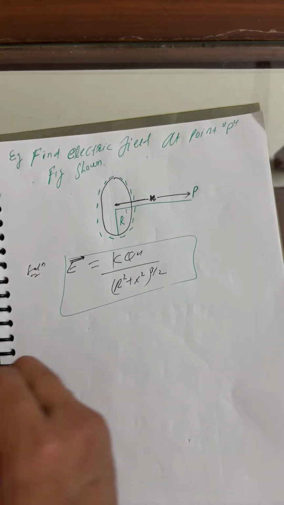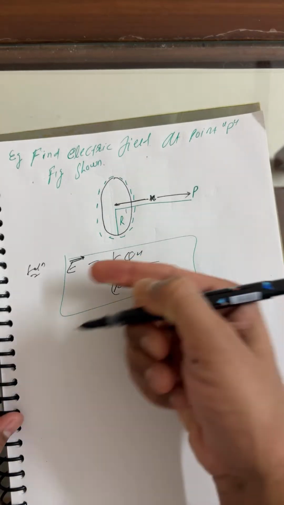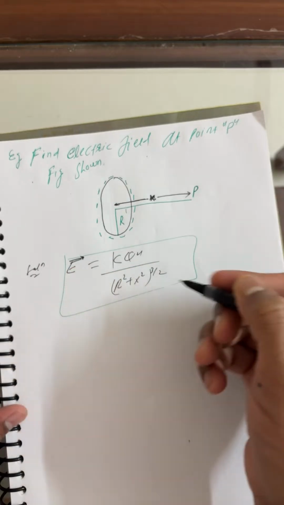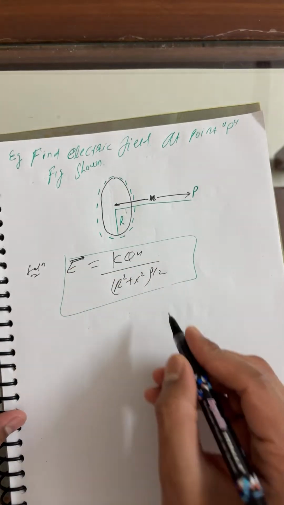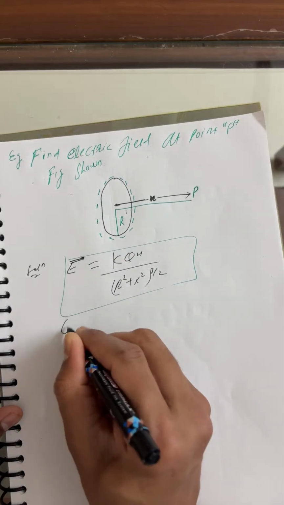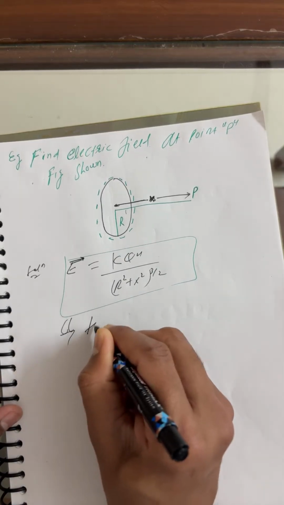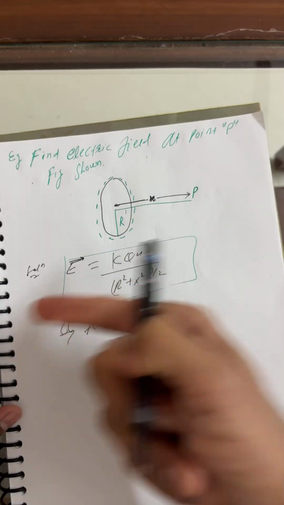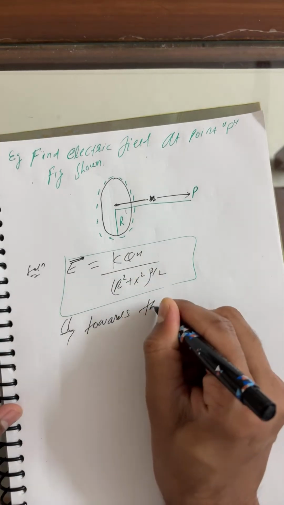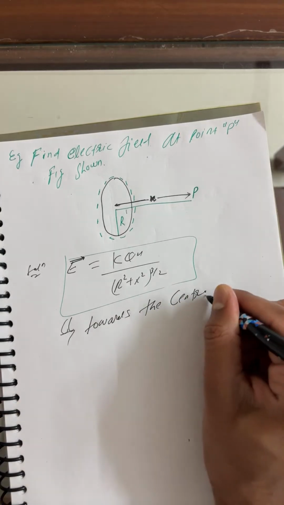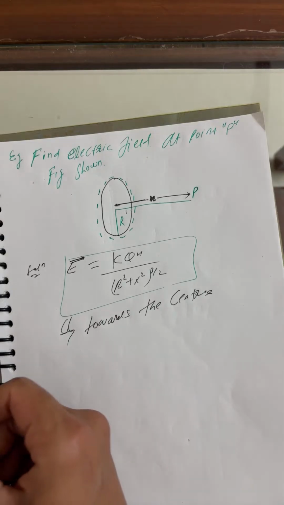It's negative here. So the electric field due to the negative charge ring at point P is directed towards the center. Negative, so this is towards the center.